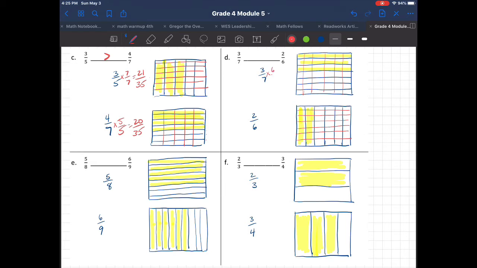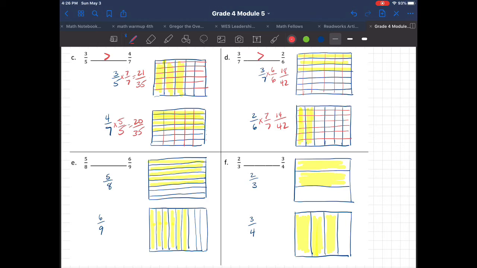So since I made 6 rows or columns the other way, that's why it's 6/6. 18/42, and this one I did 7 the opposite way, so 7/7. 14/42. 18 is a little bit more, so 3/7 is more.